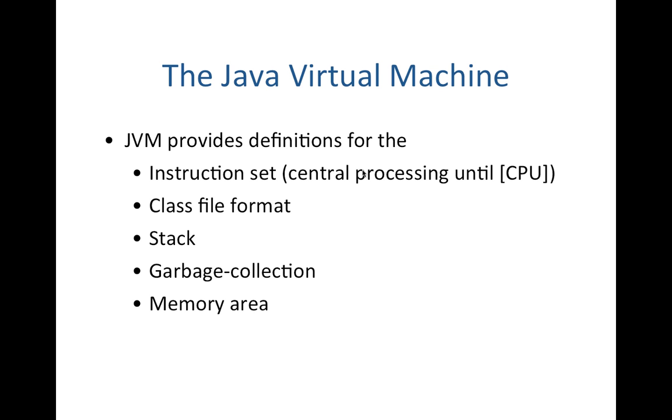It also has various things like stack and heap. Stack is where all the temporary variables are stored. If you have executed a program like String str equals hello world and you're trying to print that string, str is going to be in the stack.